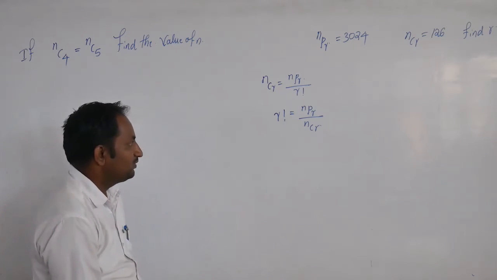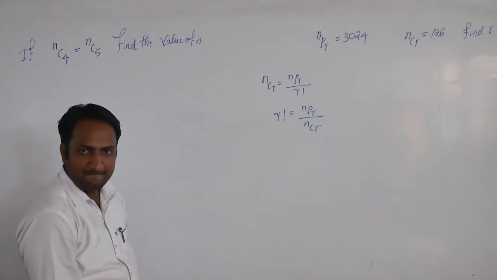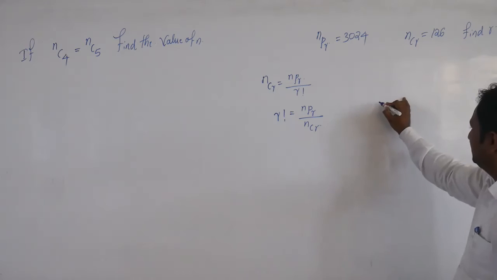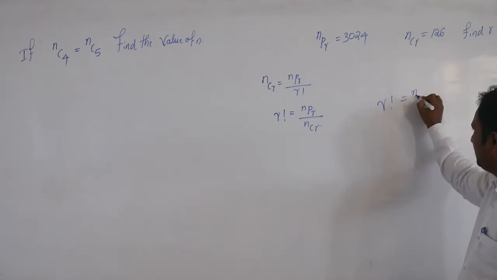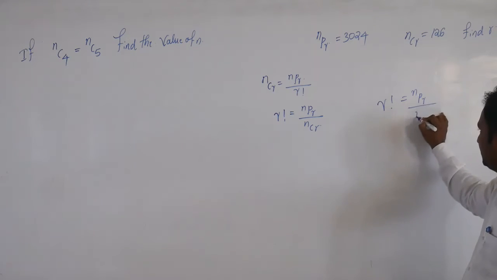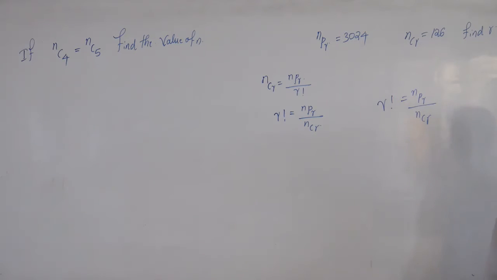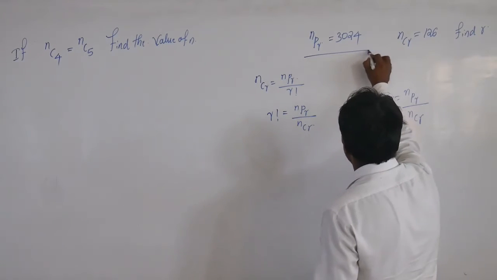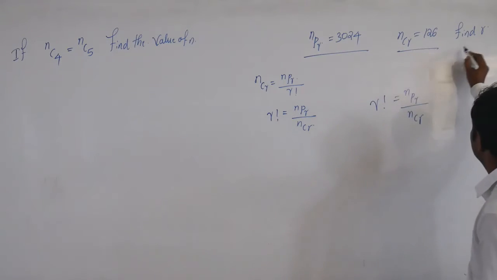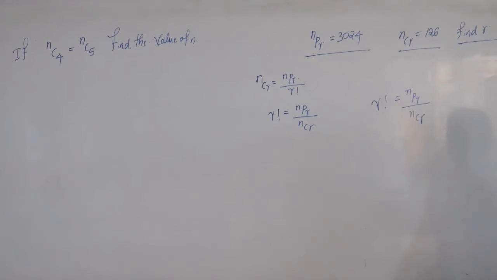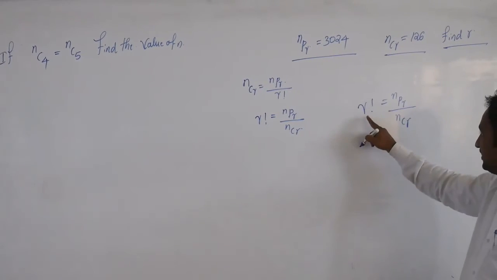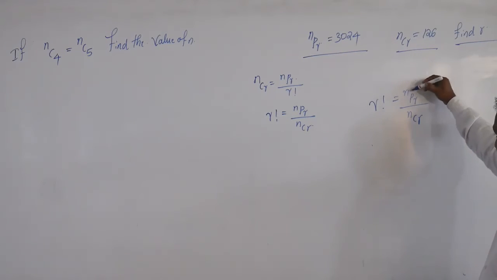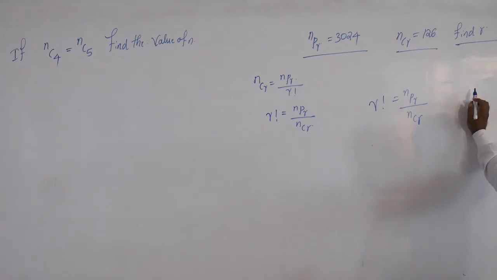If the nPr value is given and the nCr value is given, then we can find the r value using r factorial is equal to nPr divided by nCr.